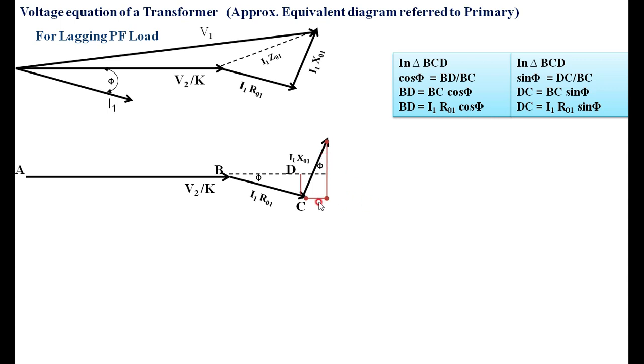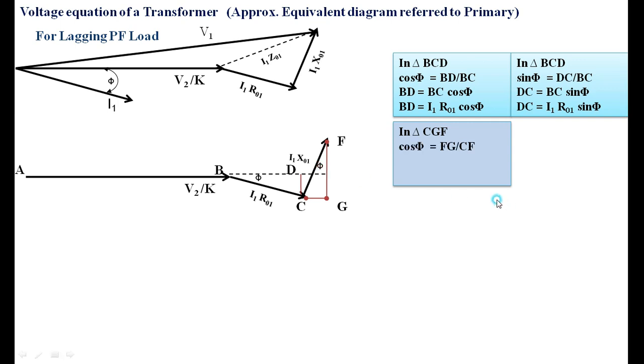Now, adding I1 R01 and I1 X01, what I am getting is V1. I am calling this CF. Then once again you find CG and FG from the triangle CGF, applying the sine function and the cos function.